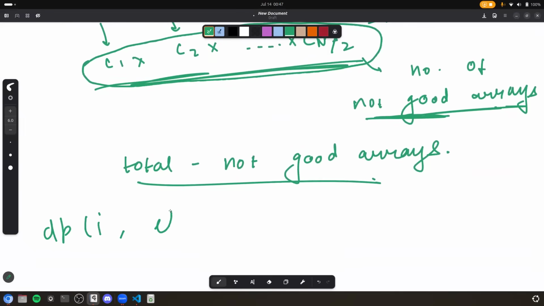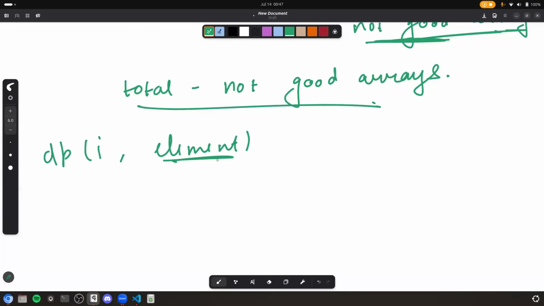So this would be the sum over all the positions where Ai and Ai plus n by 2 are the same.